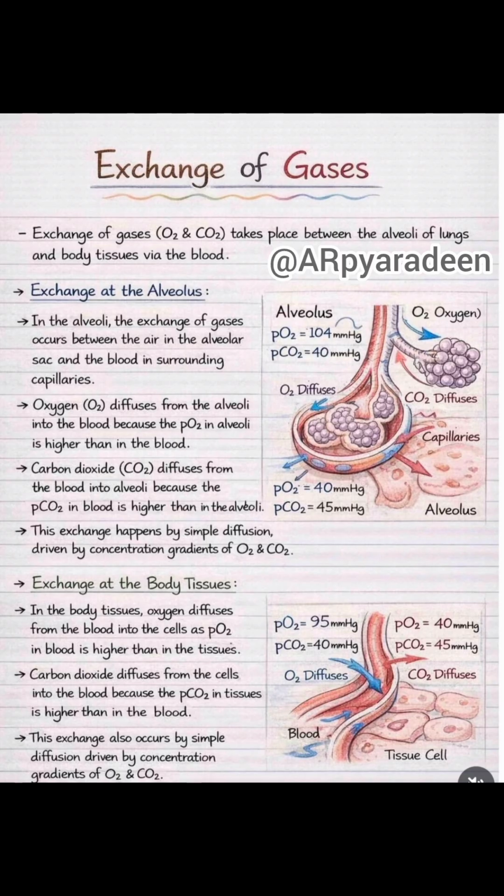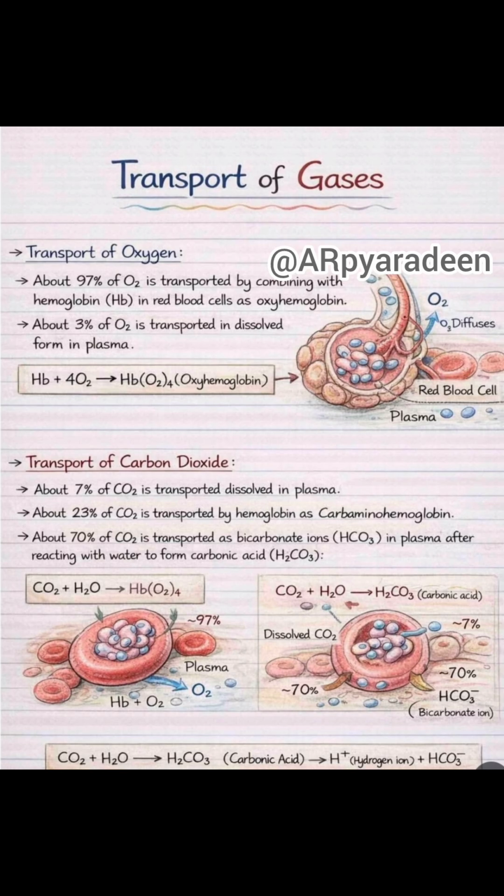This includes ERV, TV, and IRV, or the maximum volume of air a person can breathe out after a forced expiration. Next, total lung capacity. Total volume of air accommodated in the lungs at the end of forced inspiration. This includes RV, ERV, TV, and IRV, or vital capacity plus residual volume.